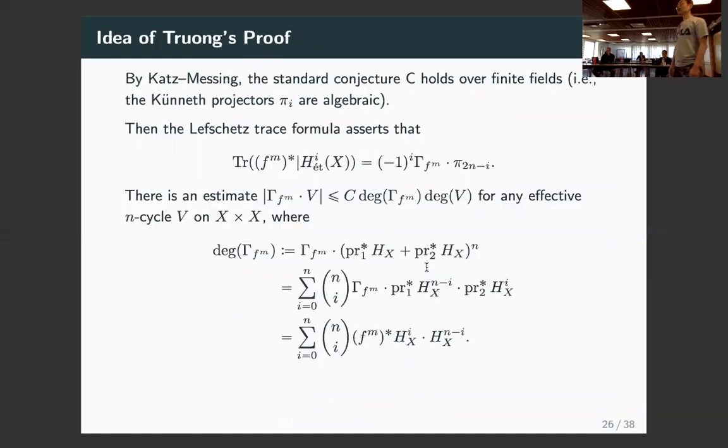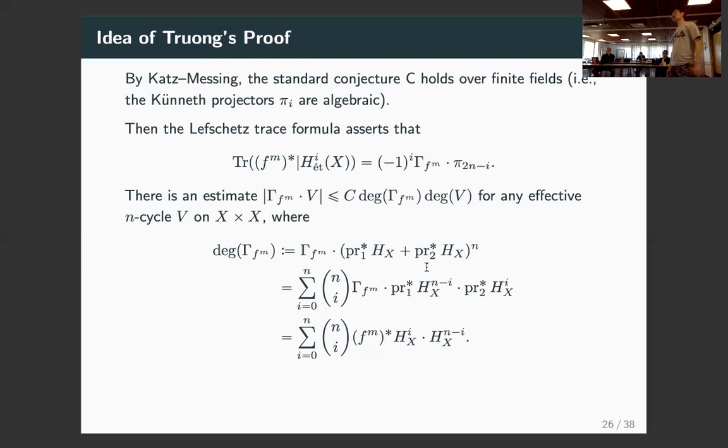Okay, so the idea of the proof is as follows. First of all, by Katz and Messing, we know that as a corollary of the Weil Riemann hypothesis, the standard conjecture C holds over finite fields. In other words, the Künneth projectors pi_i are all algebraic. Using this, the Lefschetz trace formula asserts that the trace of this pullback on H^i is the same as this intersection number up to some sign.